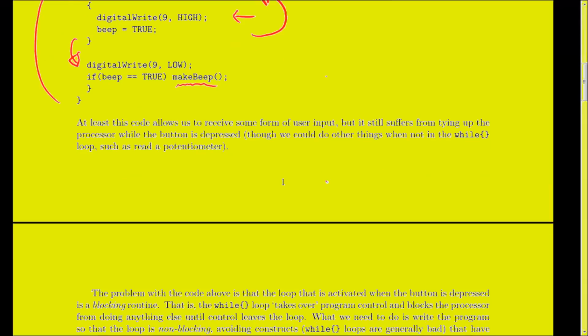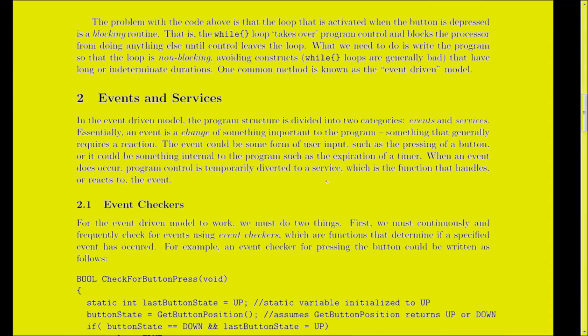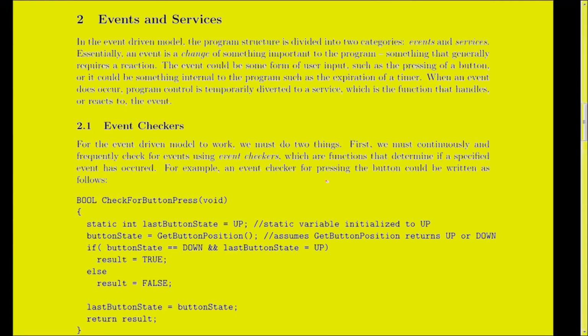So this is bad in general, and to get around this, we have to write our program in a non-blocking fashion, and one way we can do that is by using event-driven programming. Now, event-driven programming is characterized by events and services.